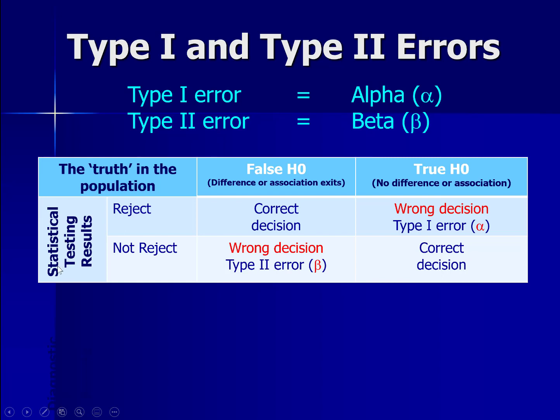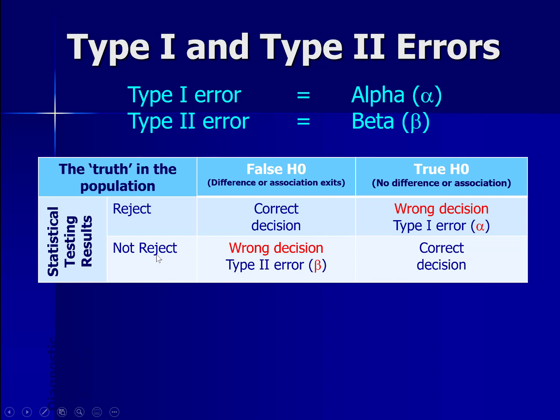But when we sample from the population and calculate a statistical test, the result can lead to two decisions: reject or not reject. Reject what? We test the statistic against the null hypothesis. If the null hypothesis is false and we reject it, that is a correct decision. If not, that is an error called type 1 error.